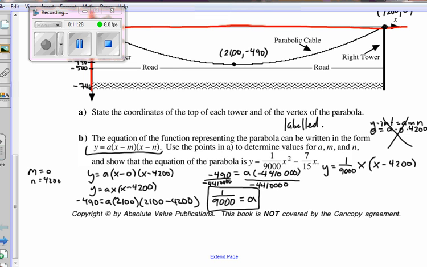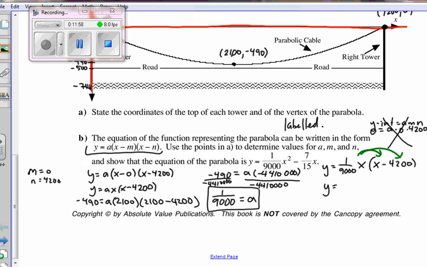And we want to make it look like this, so what are we going to do? It says make the equation look like this. These do not look the same yet. Well, we have this times that. Distribute it. Get rid of the brackets.